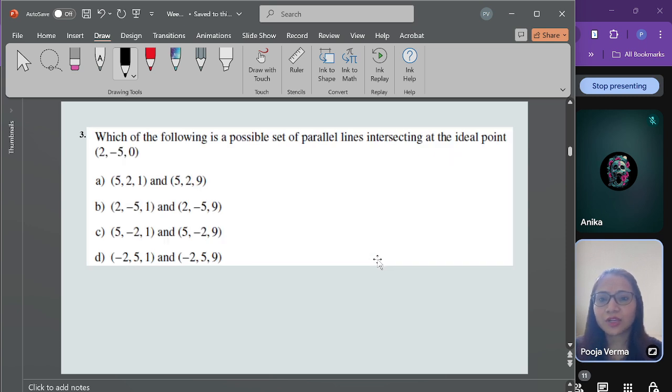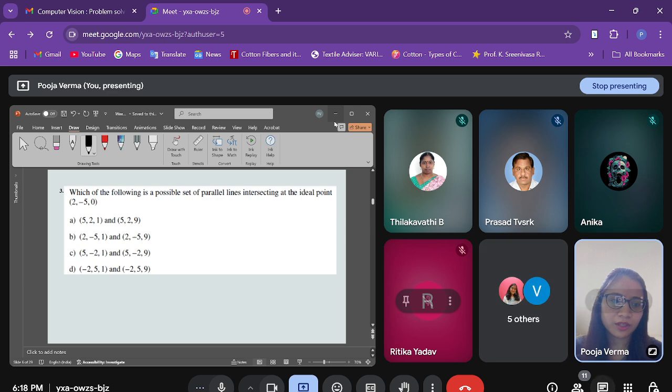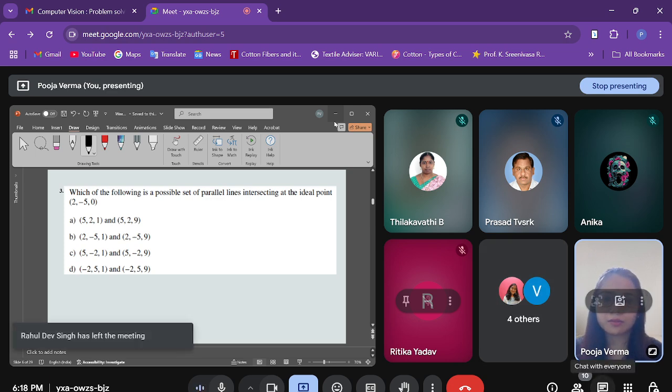Now the next question is, which of the following is a possible set of parallel lines intersecting at the ideal point 2, -5, 0? So can you try this question at least? Please try this question and let me know which option will be the correct one.